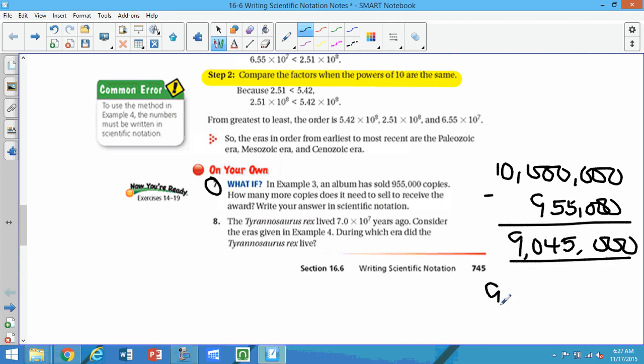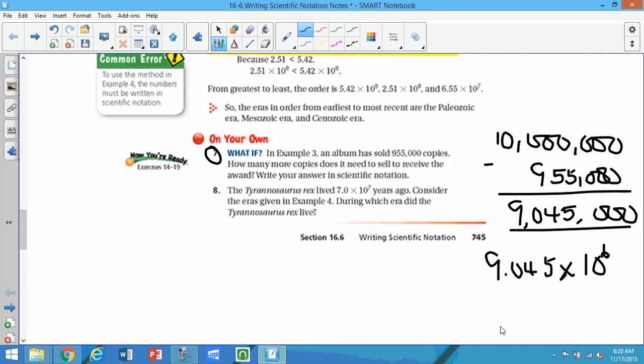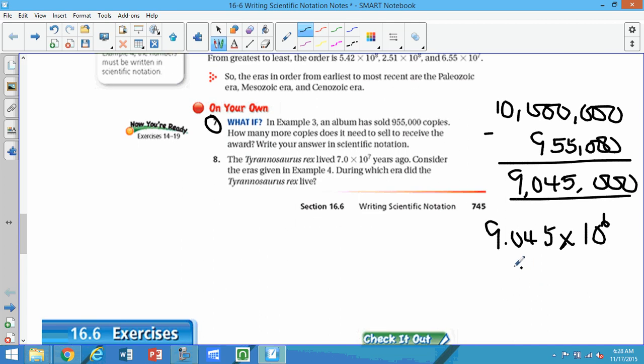So it'd be 9.045 times 10, and then you count 1, 2, 3, 4, 5, 6, to the 6th power. And then your label would be copies. If you understand these sample problems, then you can move on.